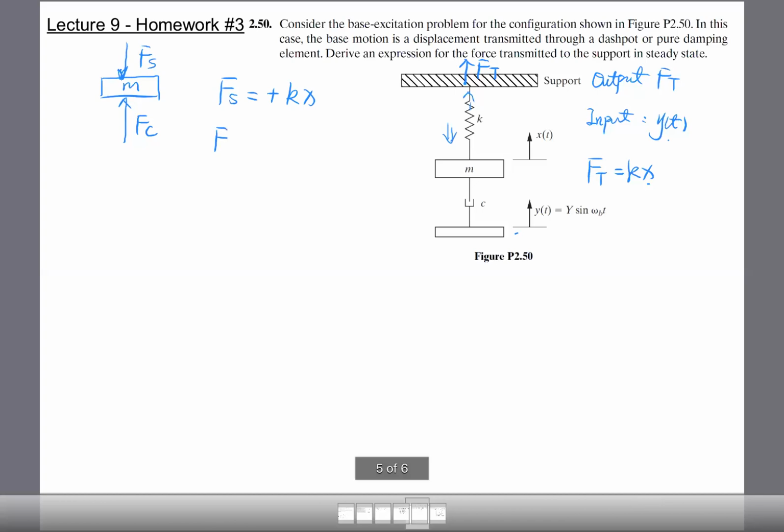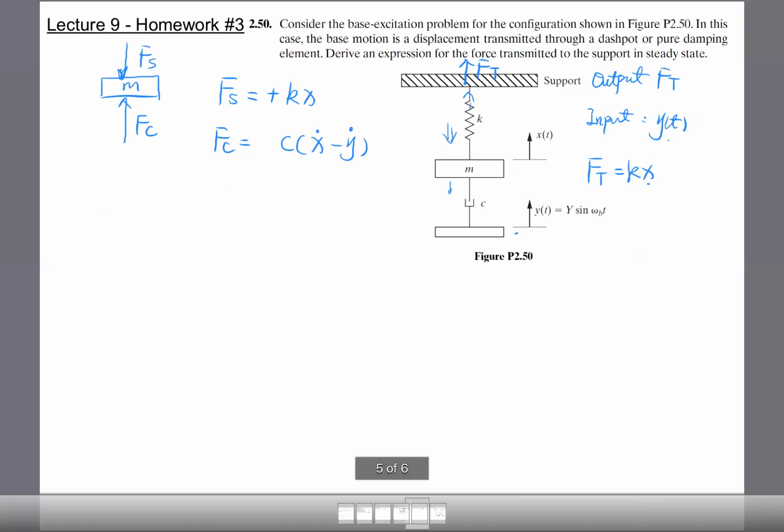So then let's focus on Fc. Your Fc is c times the relative velocity, right? Because your c is connected to two moving parts, so the relative velocity determines the damping force. So we define the positive direction to be upward. Let's see. Once your x is moving up, it actually drags your mass down, right?